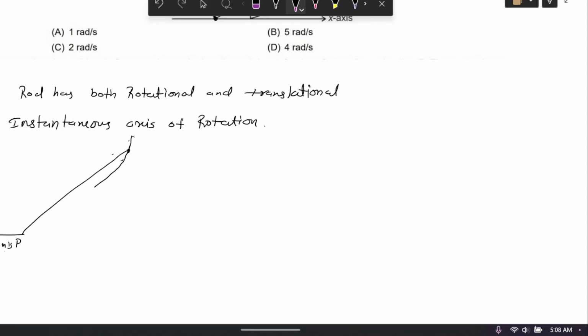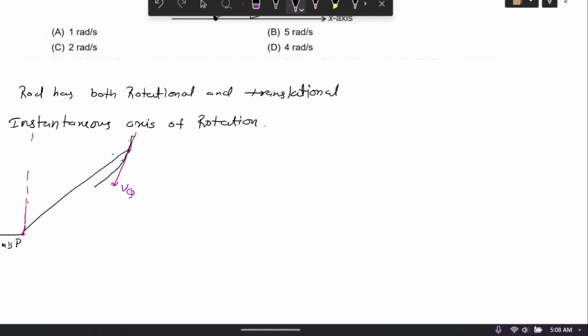Say this will be Vq. If we have the velocity at 2 points of a rigid body, then we draw the perpendicular to those velocity vectors.